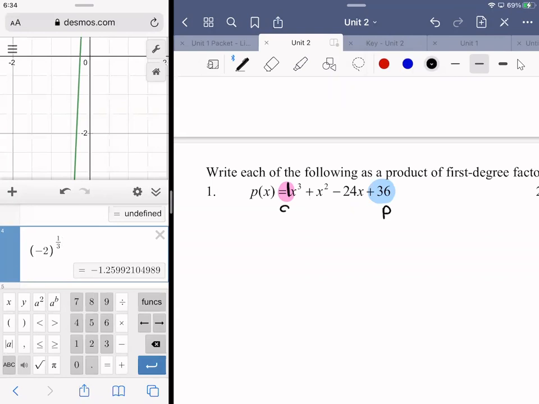The leading coefficient we call Q. And so what we do is we list the factors of P, and we list the factors of Q, all possible factors.